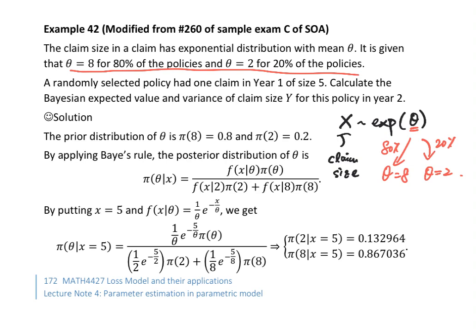Now let's suppose I choose a particular policy from this portfolio, meaning that theta can be equal to 8 or theta equal to 2, with this probability distribution. And let's suppose for this policy, I noticed that in the past year, the policy has one claim which is equal to 5.